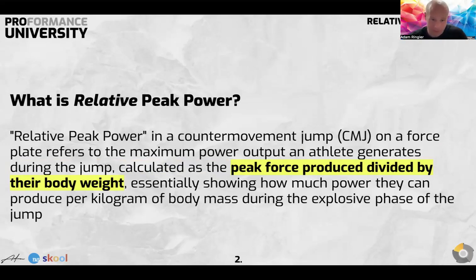But relative peak power in a counter movement jump on force plates refers to the maximum power an athlete can generate during the jump, calculated as the peak force produced divided by the athlete's body weight. And why that is important is because it essentially shows how much power they can produce per kilogram of body mass during the explosive phase of the jump.